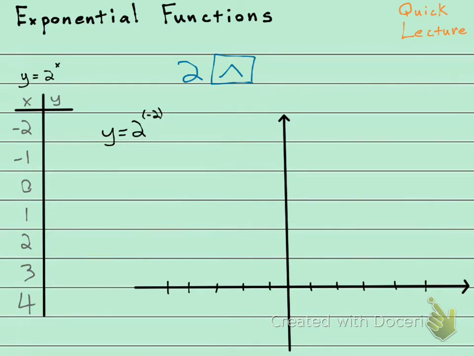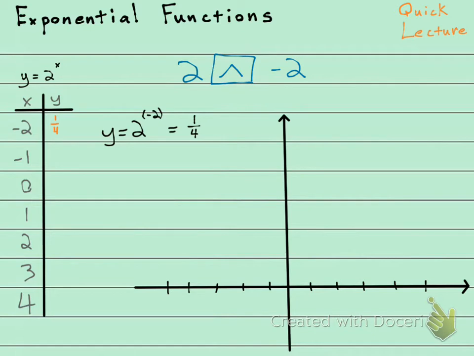And then we would put the power, 2 to the power of -2. Okay, making sure that you use the negative button, not the minus. So let's do some calculator work. 2 to the power of -2. It's going to give you 1/4. So we have -2 and 1/4.